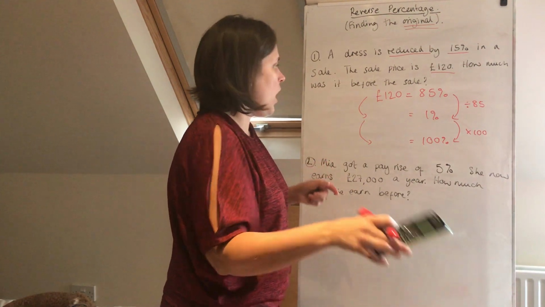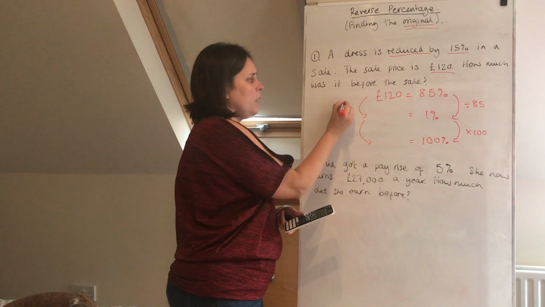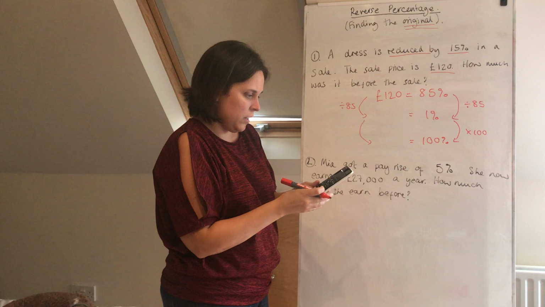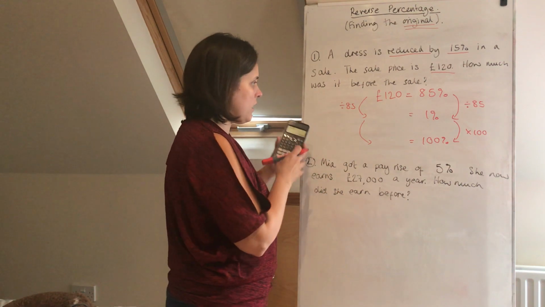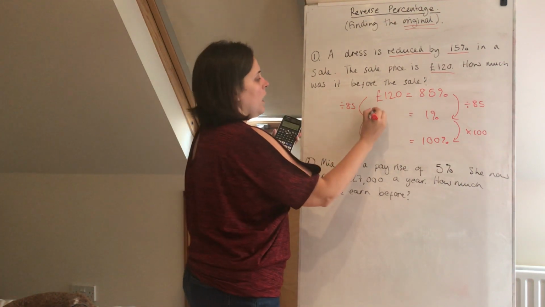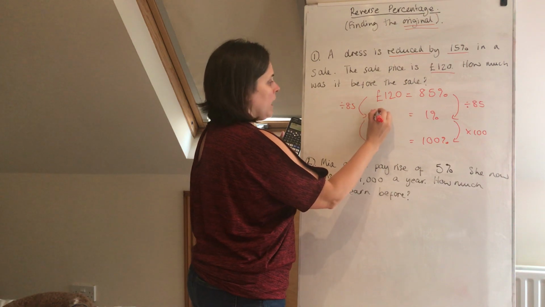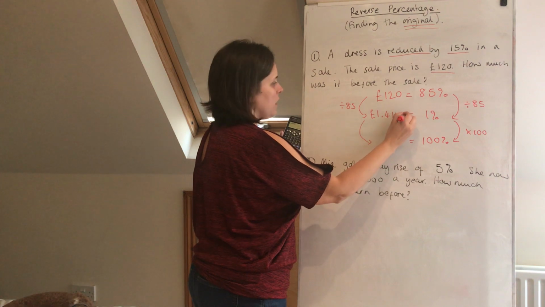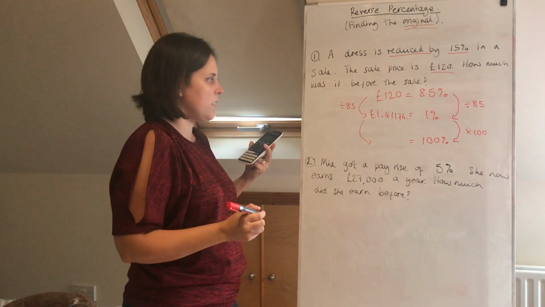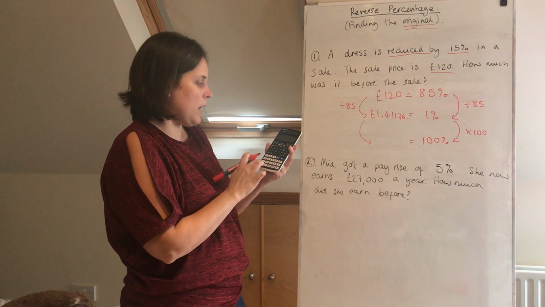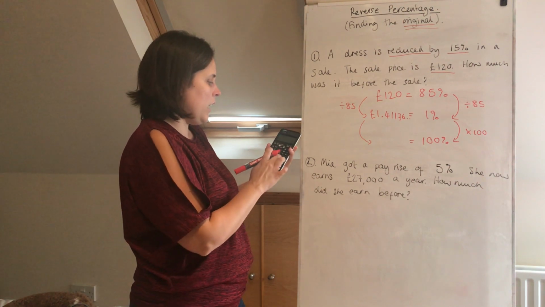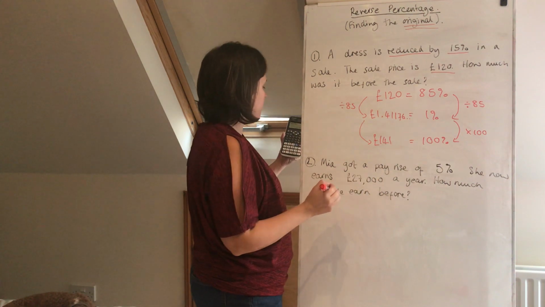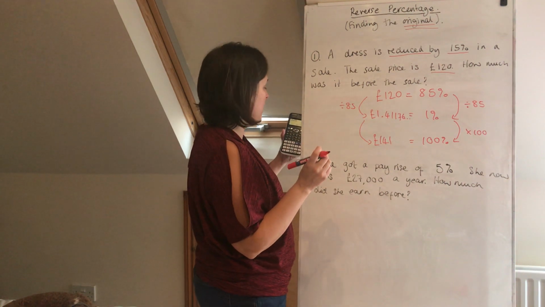So I'm going to do 120, and I'm going to divide it by 85. I'm getting a long decimal, I'm just going to write it out for now. So I get 1.41176 and so on, and some more digits. And then I'm going to times that by 100, and if I do that, I get 141. Now remember, I've got to go to two decimal places.